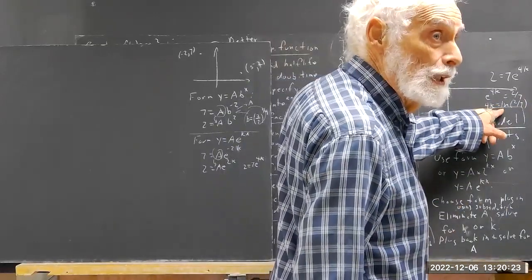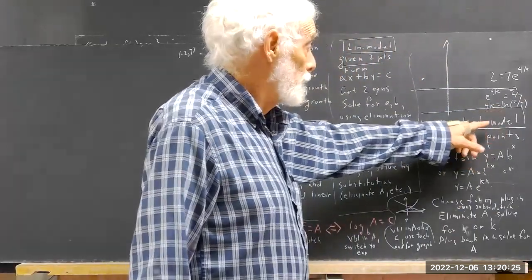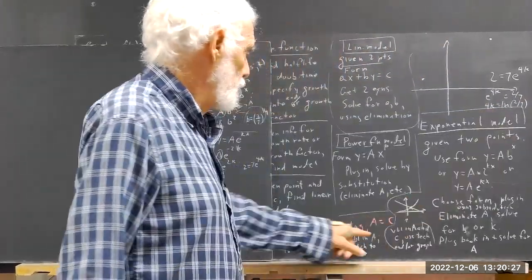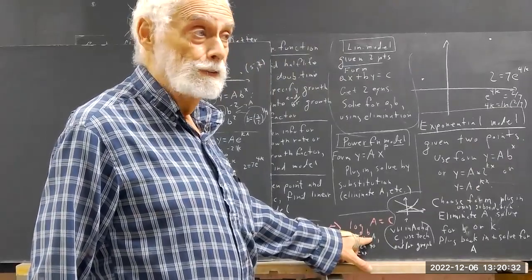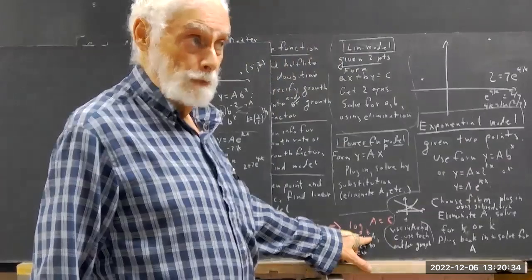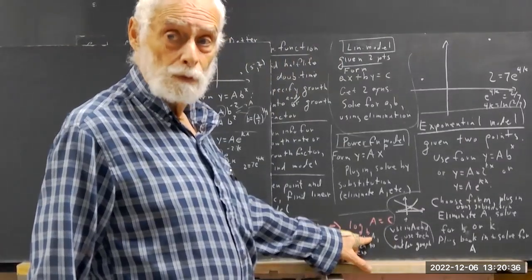Natural log being log base e. So you would probably write that out as log base e if you were doing this literally, but you have to know that log base e is the natural log. So that's one little twist.